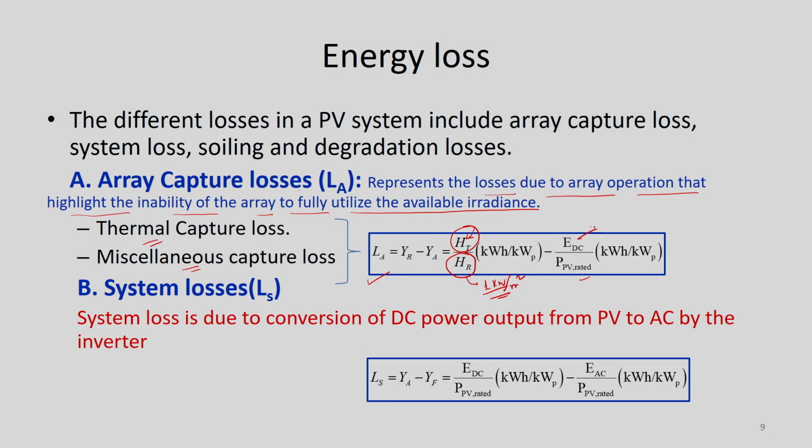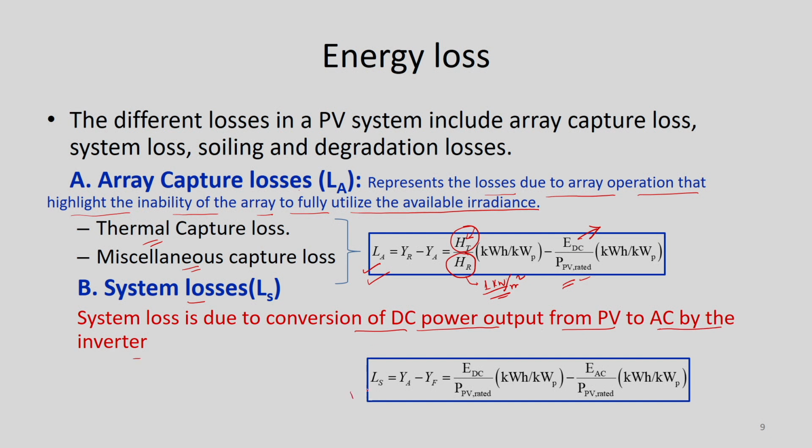or watt per meter square. And this is the energy delivered by the PV module, and this is the rated one. So, if we know this expression, then from that we can calculate what will be the array capture losses. And in case of system losses, this loss is due to conversion of DC power output from PV to AC by the inverter.